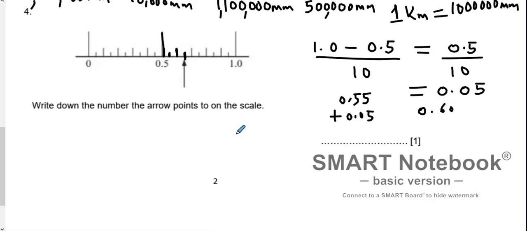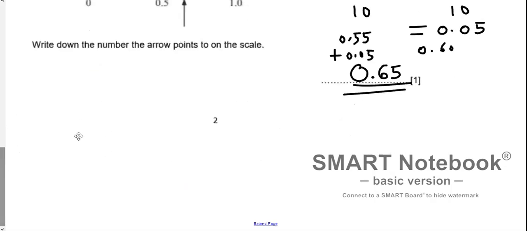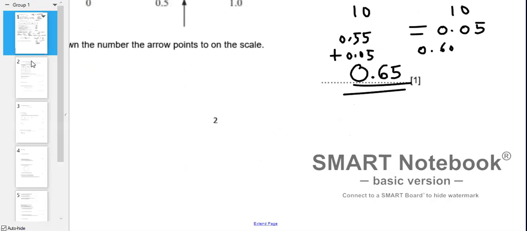So 0.65 will be the reading that you're going to put here. So put it here, 0.65. Okay, I hope that is clear, and I go to the next part.